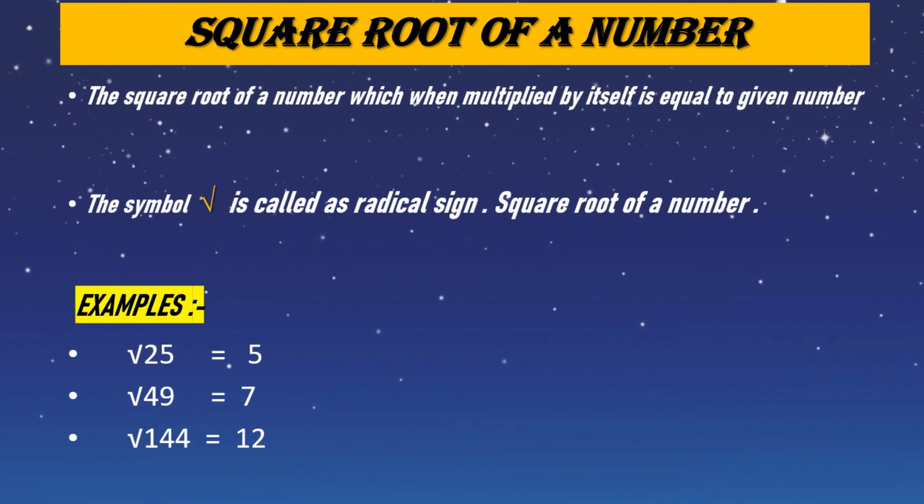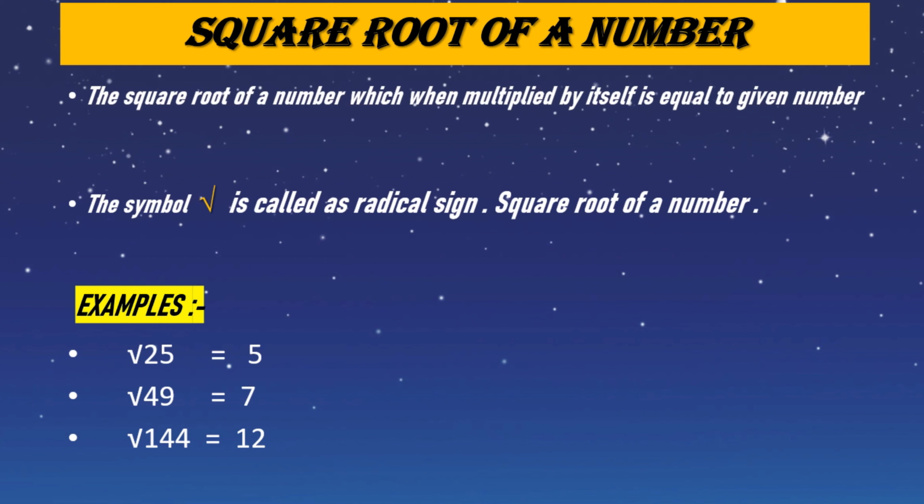The square root of a number is the number which when multiplied by itself is equal to the given number. This is the symbol of square root, and its other name is the radical sign.